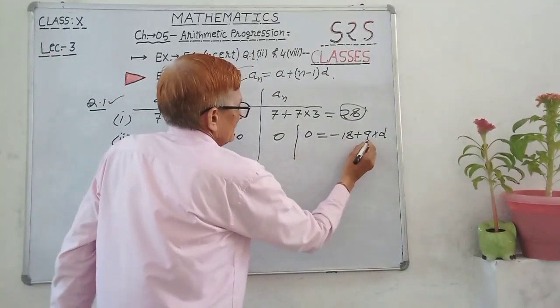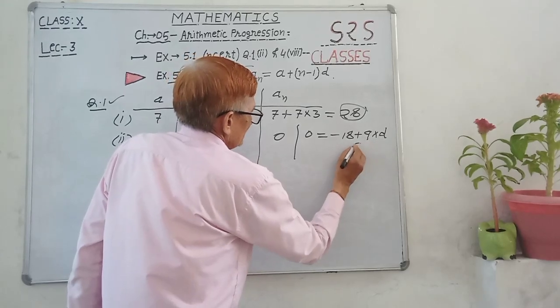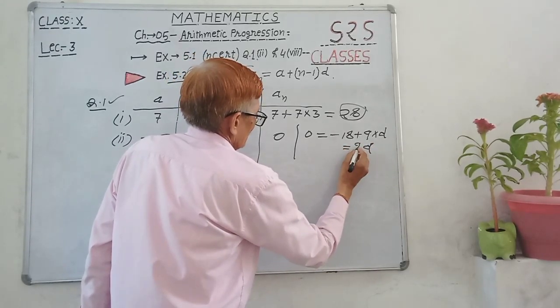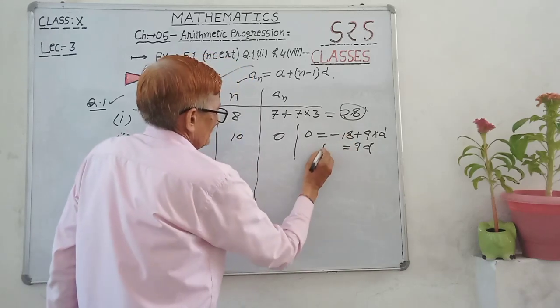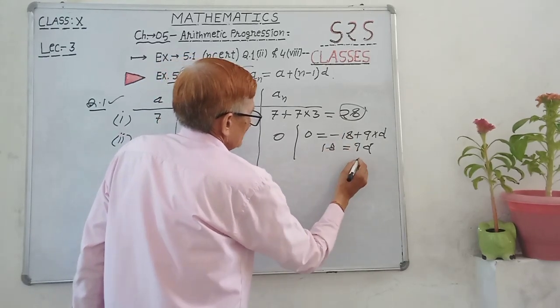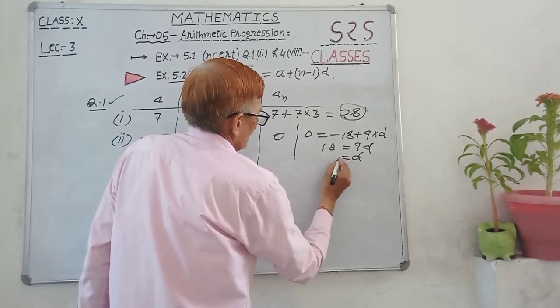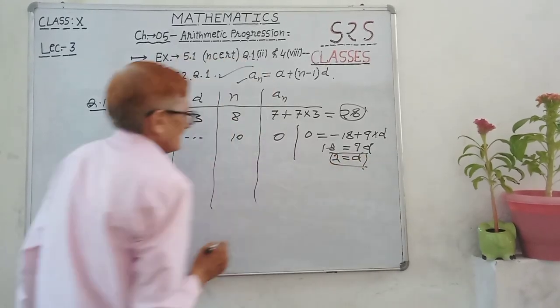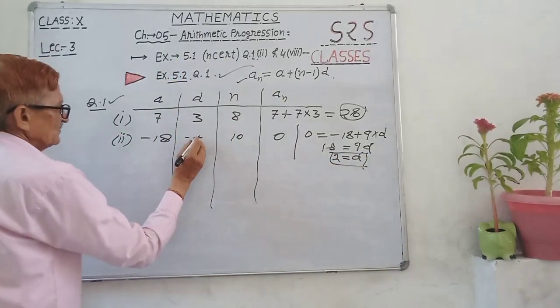So 9D is equal to minus 18, which comes here as plus 18. Then D is equal to 18 divided by 9, which is 2. So for the second part, this is 2, okay?